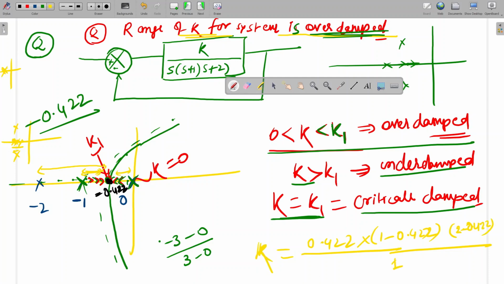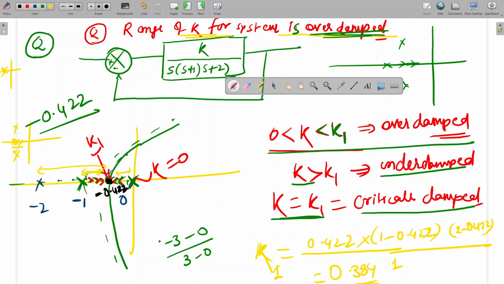So this will be our K1 value. Is it clear? So K1 we can calculate like this: 0.422 into 1 minus 0.422 into 2 minus 0.422, divided by 1. So we are getting K1 equal to 0.384.